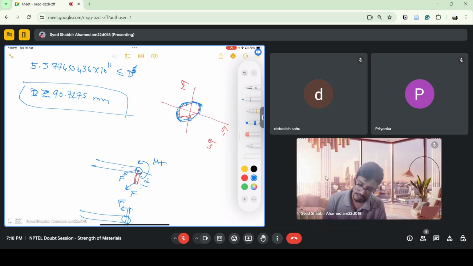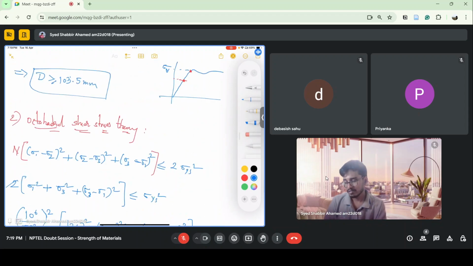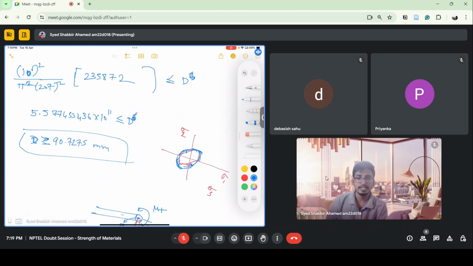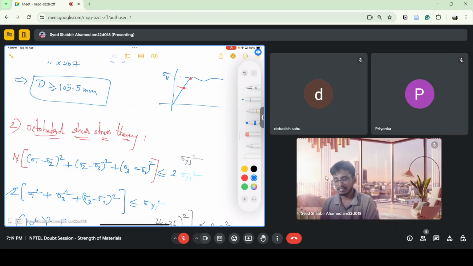You can see that it allows a little bit more stress. So if I have a slightly smaller diameter, the area is decreasing and stress will be more. That's why using the octahedral shear stress theory will save me material. I can use a lesser diameter rod compared to the maximum shear stress theory.